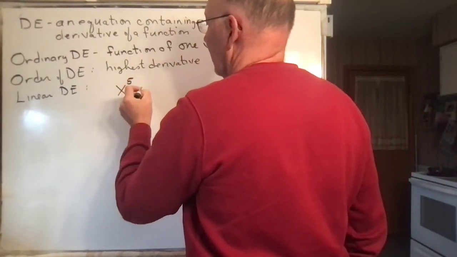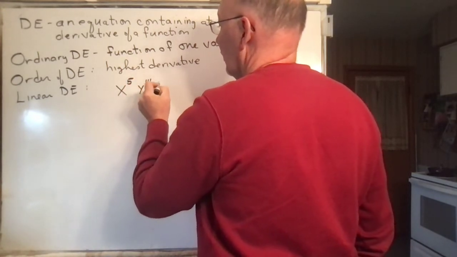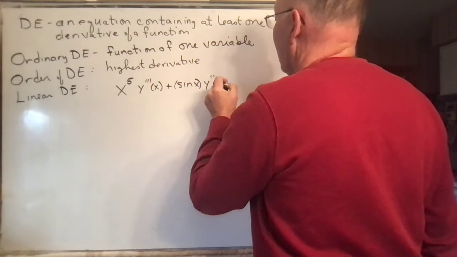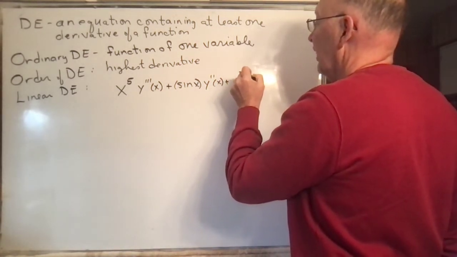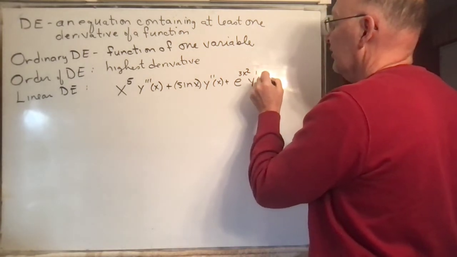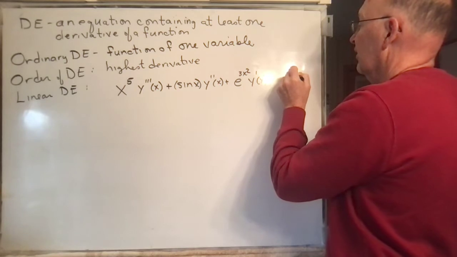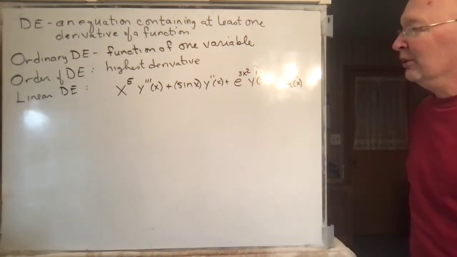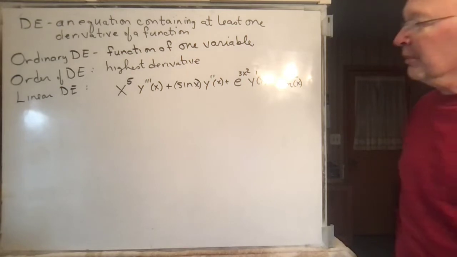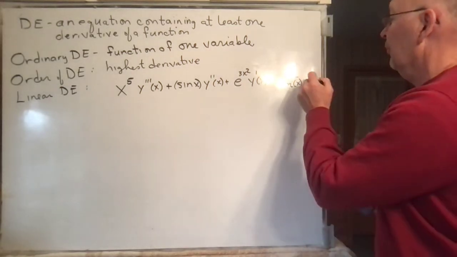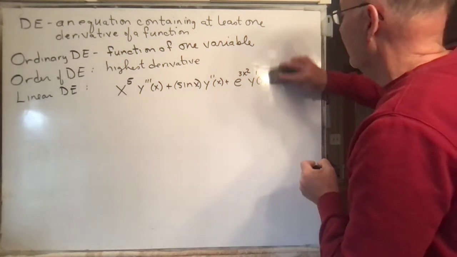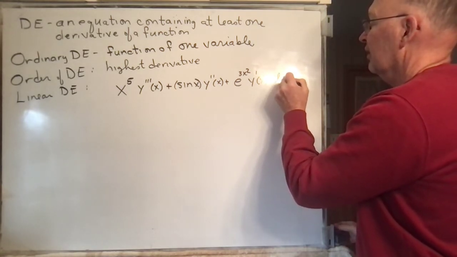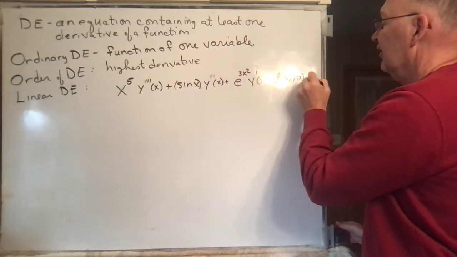x to the fifth times y triple prime, I'll make this a third order again, plus sine of x times y double prime of x plus e to the 3x squared times y prime of x, plus ln of x times y of x, is equal to 7 over the ln of x, something which is pretty weird.